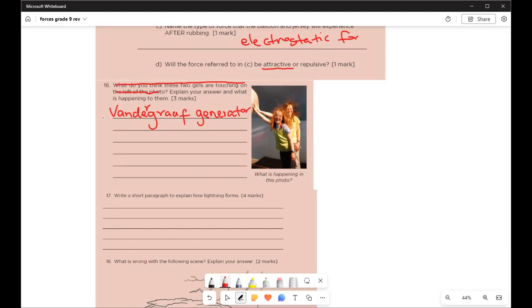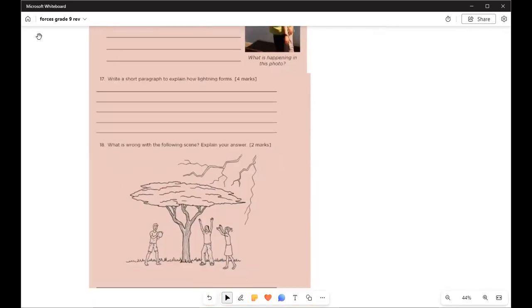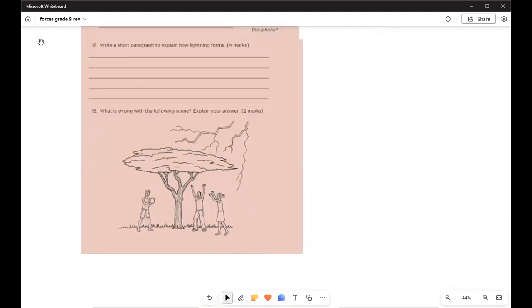Question 17. Here we're just going to discuss. They say, write a short paragraph to explain how lightning is formed. Okay, so lightning is formed in this way. On a very hot day, we know that water is going to evaporate, right? And as it evaporates, it carries dust particles and other dirty materials up.